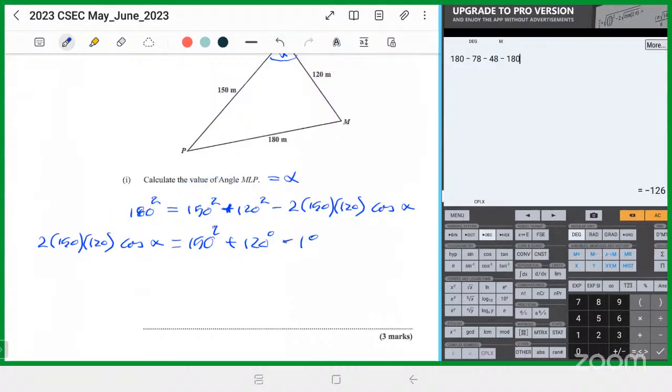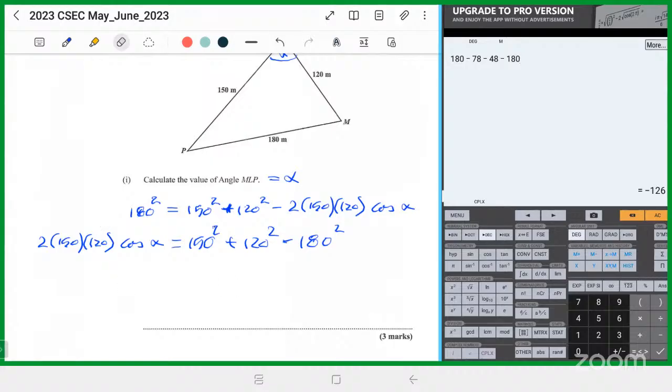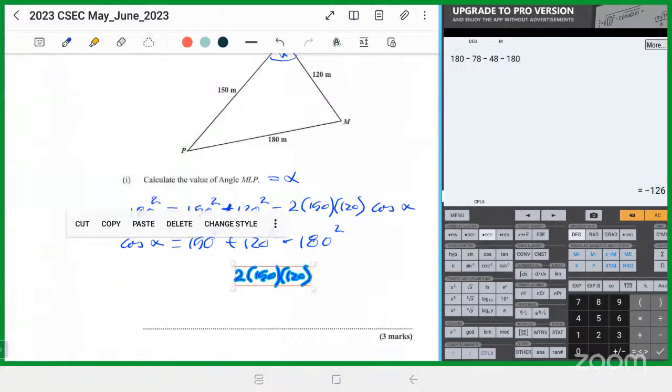I keep putting degrees, but it's squared. And then this part of the expression is now divided under here. Because I'm on the device, I can take all of this and divide it on this side and put this division line in there. I can shift all of this down.